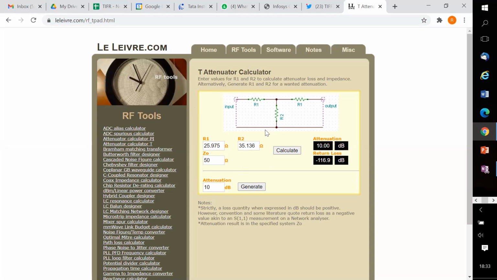And you can play around with this in Microwave Office and convince yourself that it gives you the correct reflection coefficient. Just one point is that the return loss should ideally be 0, which in dB units would be minus infinity.